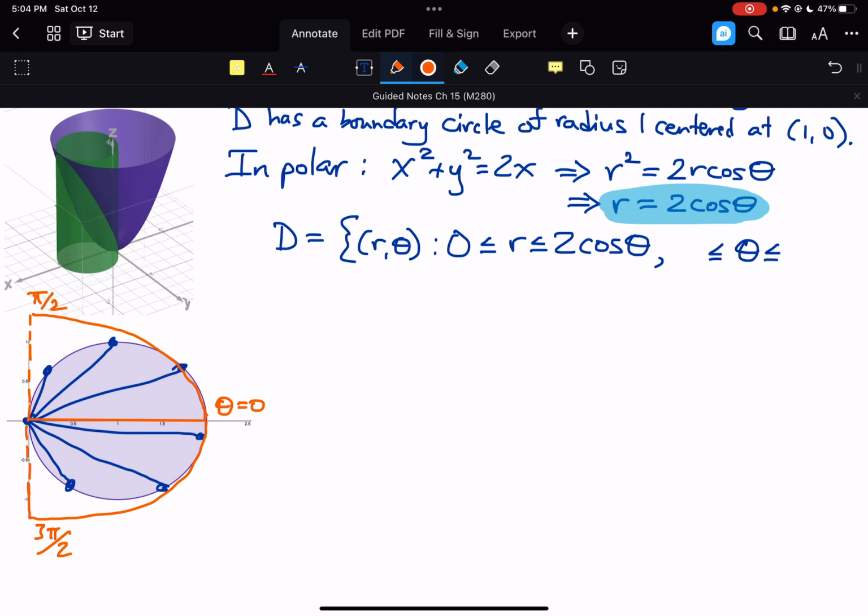Now, for the sake of avoiding confusion, you could do this as 3 pi over 2 to pi over 2, but people don't really like having 3 pi over 2, the larger number, on the bottom. So instead, we'll just count this going backwards as negative pi over 2, because that's the same angle. People just generally feel more comfortable with the smaller number on the bottom. So we're going to say theta goes from negative pi over 2 to pi over 2.